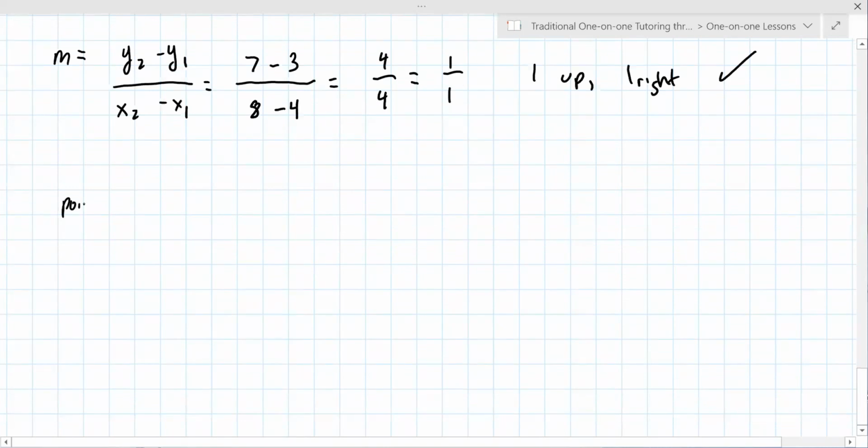Let's say I give you the points 4 comma 5 and 3 comma 6. So I guess it would be 5 minus 6. Okay, here's what you told me, and it's okay, but I'm going to jump in here real quick.